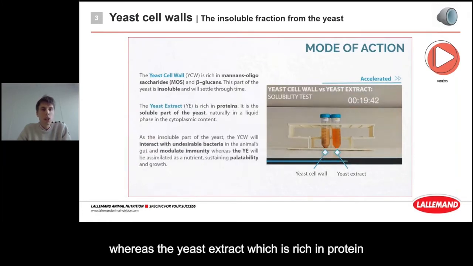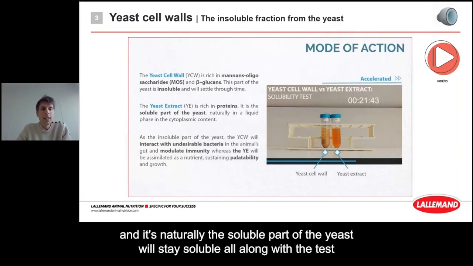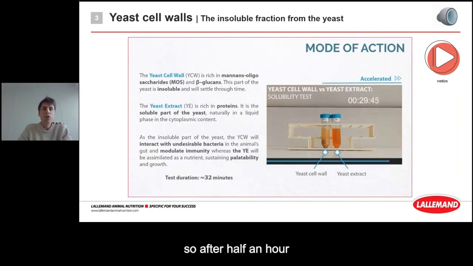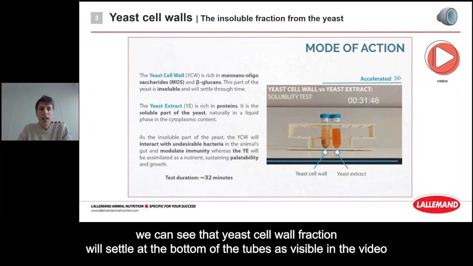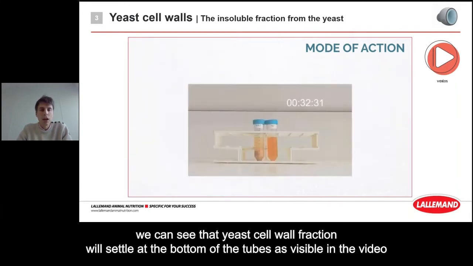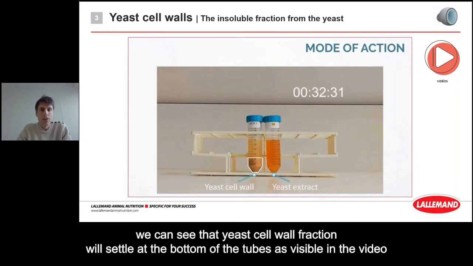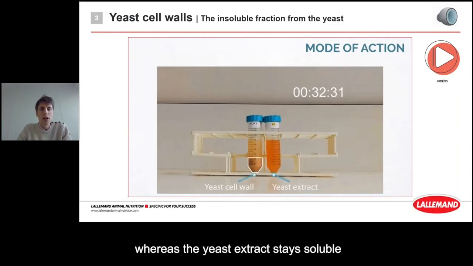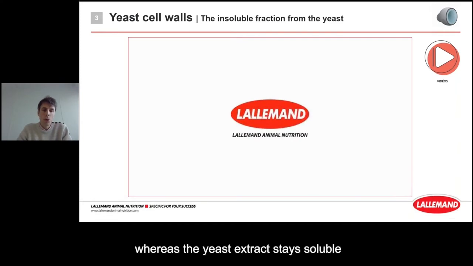Whereas the yeast extract, which is rich in protein and is naturally the soluble part of the yeast, will stay soluble all along the test. So after half an hour, we can see that the yeast cell wall fraction settles at the bottom of the tubes, as visible in the video, whereas the yeast extract stays soluble.